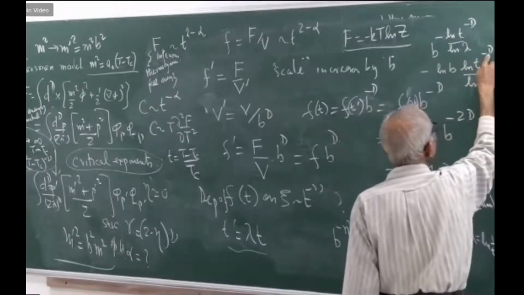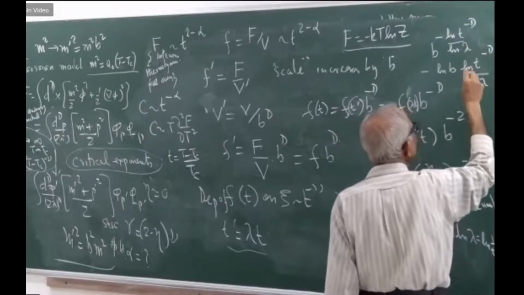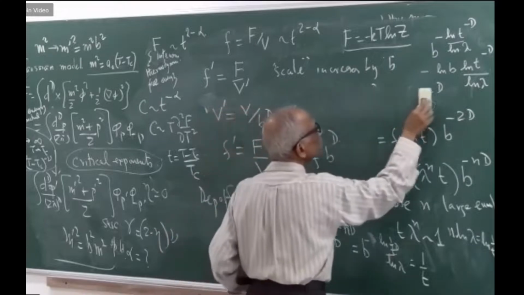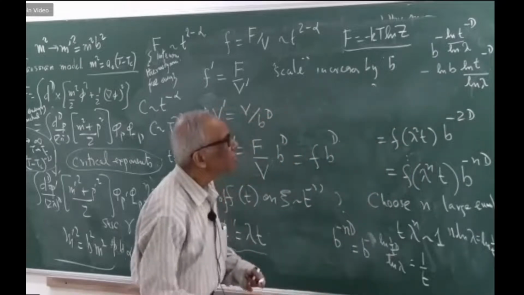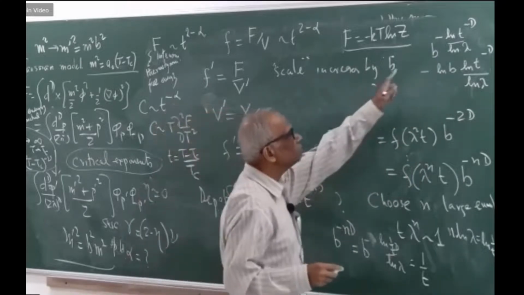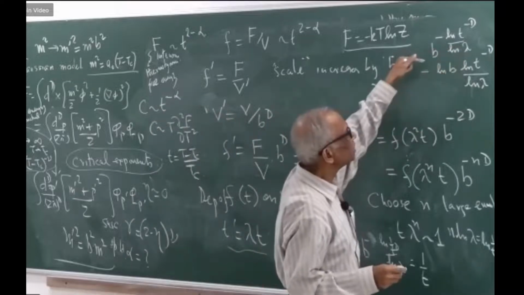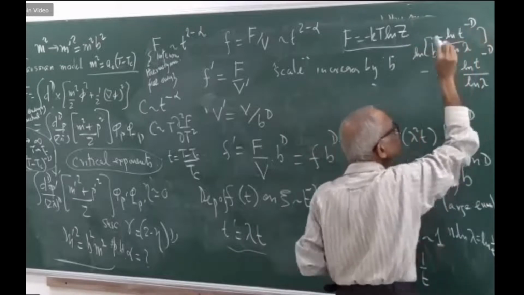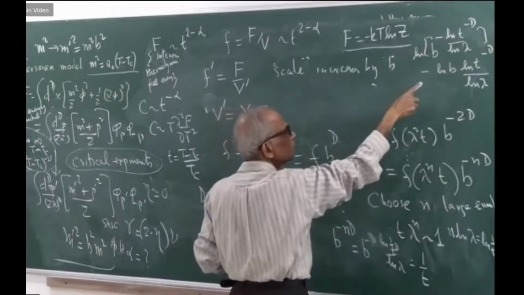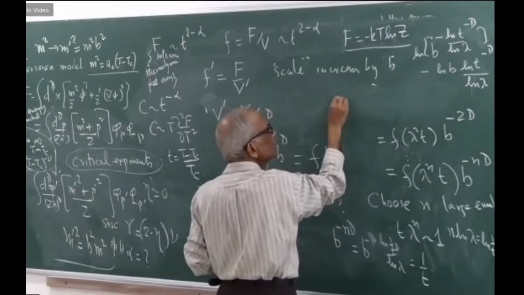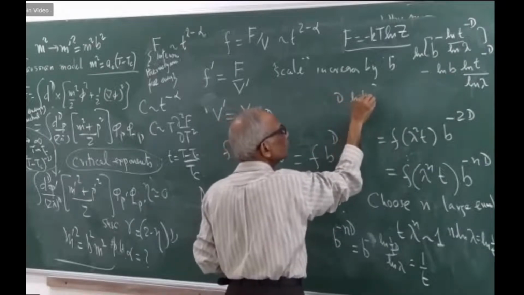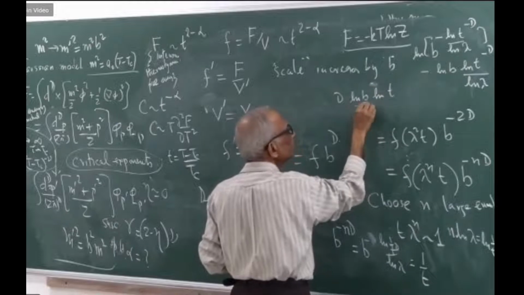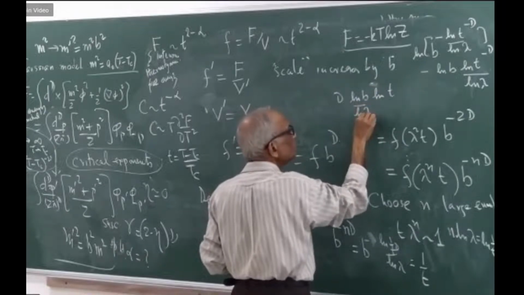So I'm looking at the quantity b to the power minus, and I'm taking a log of this whole thing, and that is minus log of t, which is d log b times log of t divided by log lambda.